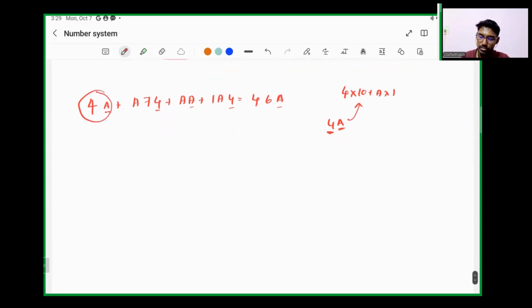Try to solve this. You need to find out what A is.